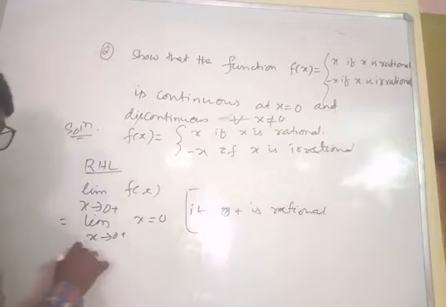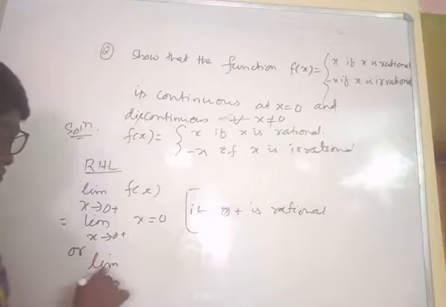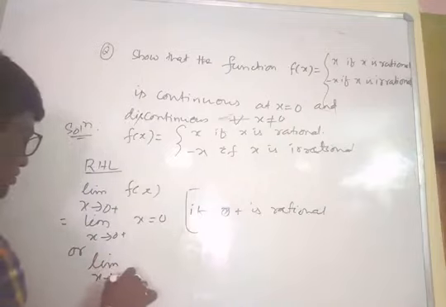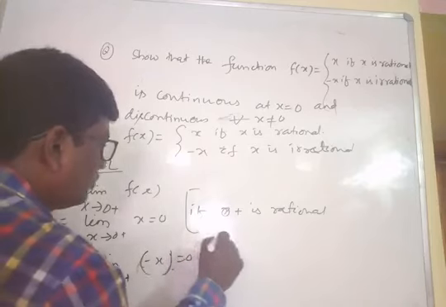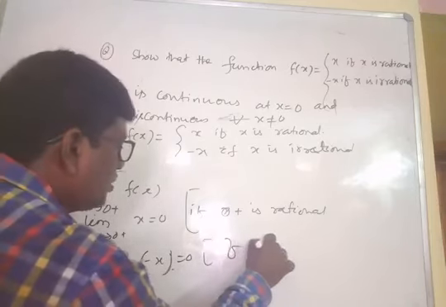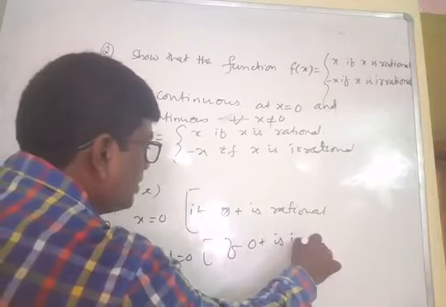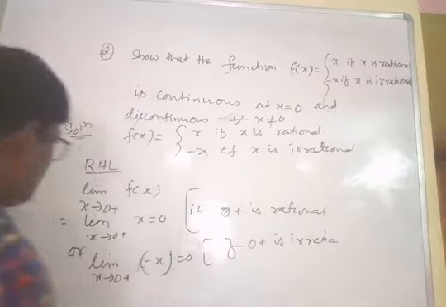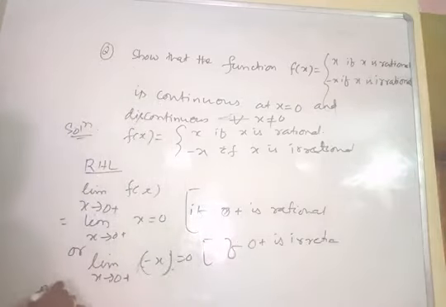Or we can write limit x tends to 0 plus of minus x, which is 0 if 0 plus is irrational.